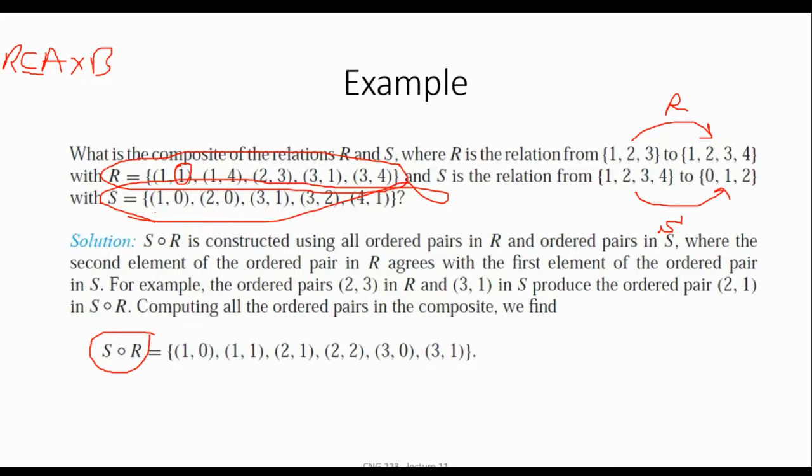So here I look for the first components only. Which one is 1? This is the one. So these two are the same. So what is left is 1, 0. You find the common ones, you eliminate them. Now you have 1, 0. It's the same situation that we had for matrices.